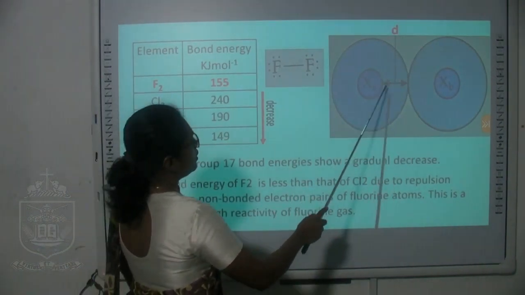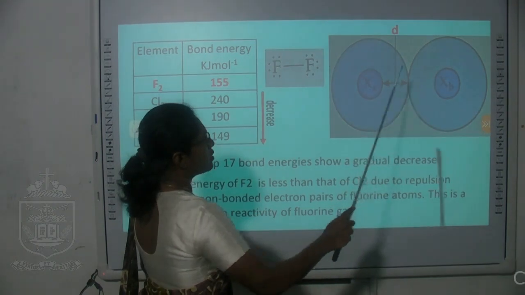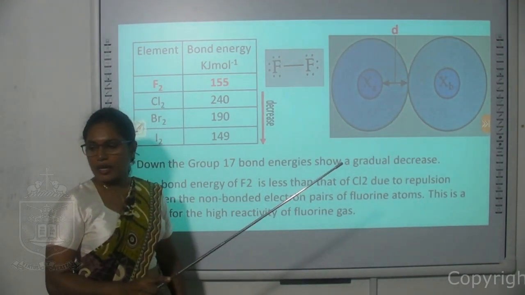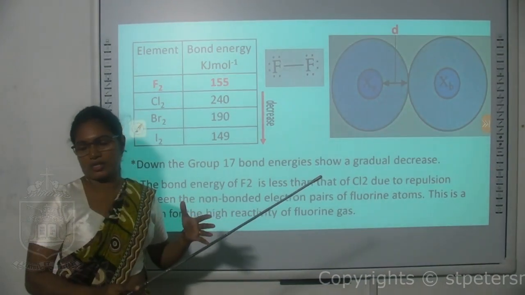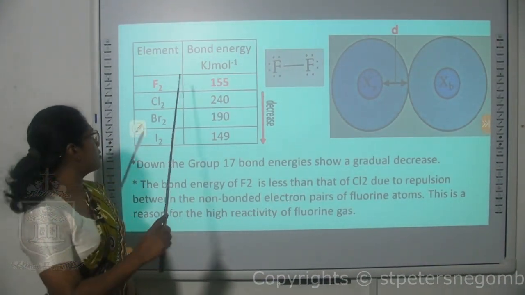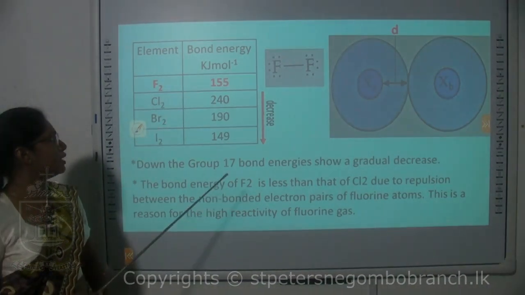When the radius increases, the bond length also increases, and the bond energy decreases. So you can check that with chlorine, bromine and iodine.